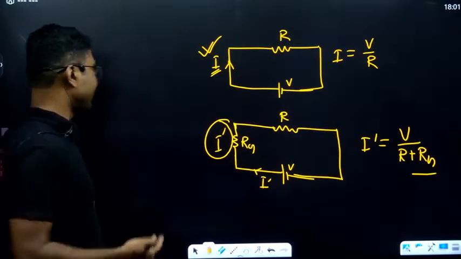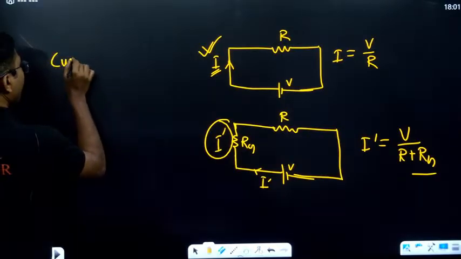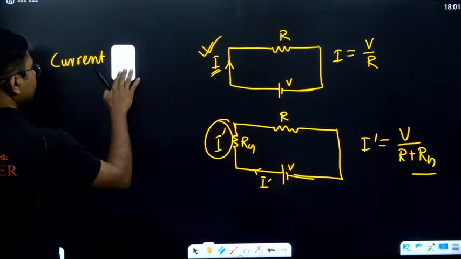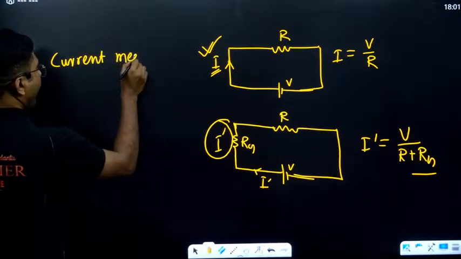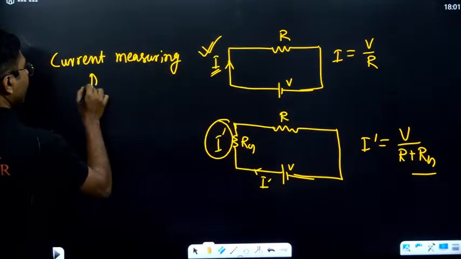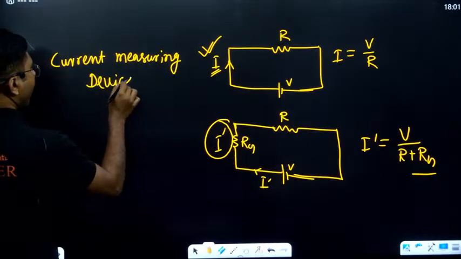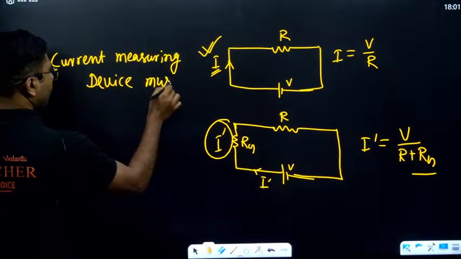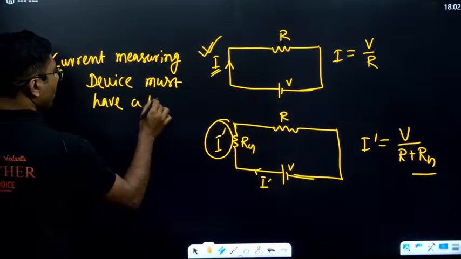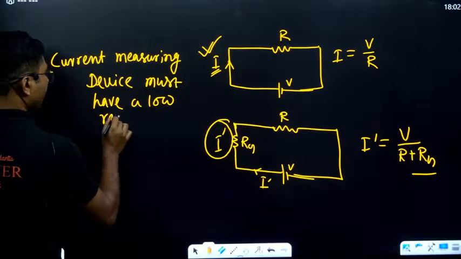So all current measuring devices must have a low resistance.